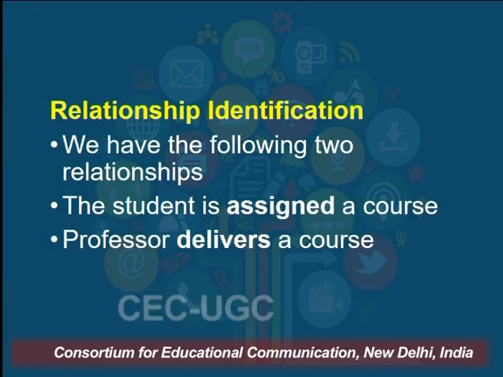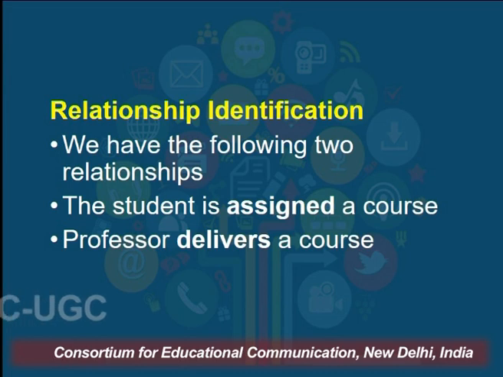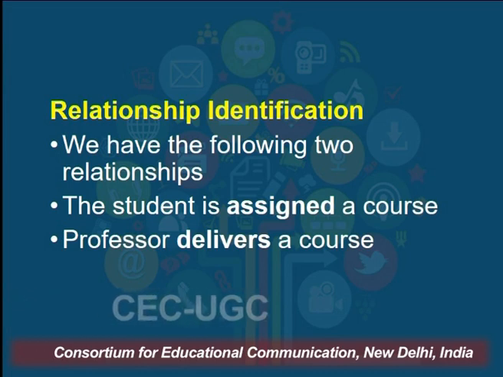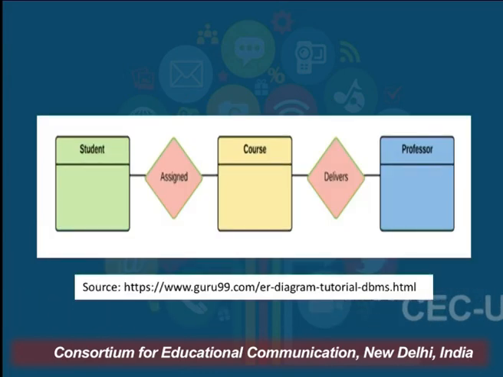As far as relationship identification is concerned, the student is assigned a course and the professor delivers a course. So there is a relationship between a student and a course, and another relationship between professor and course. Looking at them collectively, a student is assigned a course, so the relationship between them is assigned, and a course is delivered by a professor.